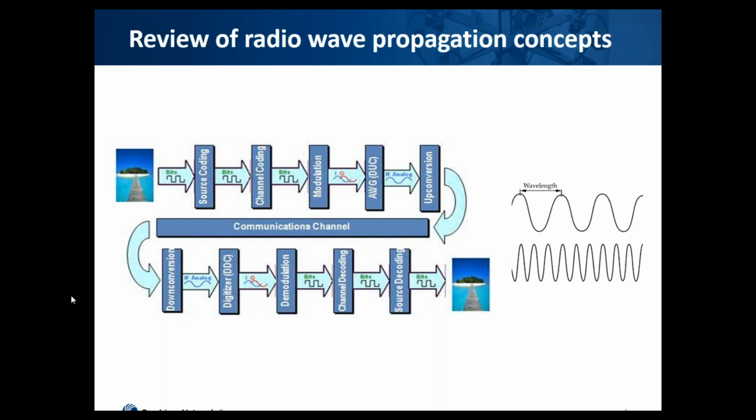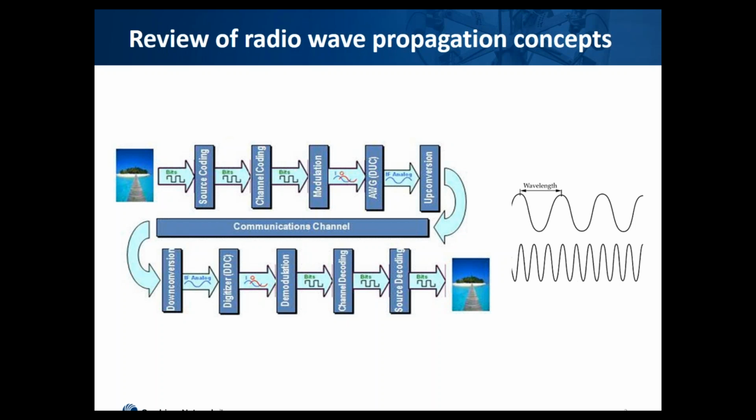Once the attenuated and possibly distorted signal arrives at the receiver, the operations that occurred at the transmitter are reversed. First, the analog signal is received by the receiver's antenna and it is transformed into a digital signal. Then the waveform is demodulated. This means that the receiver identifies the waveform that was transmitted out of the set of possible options.